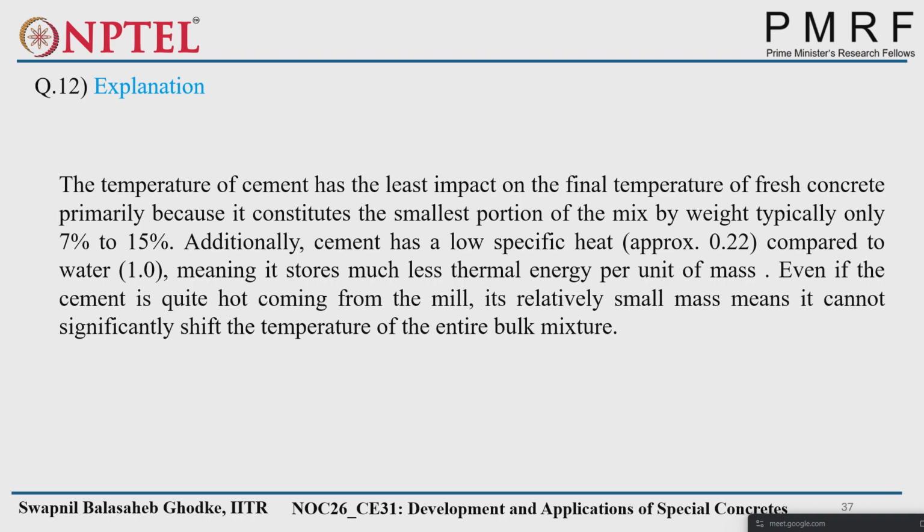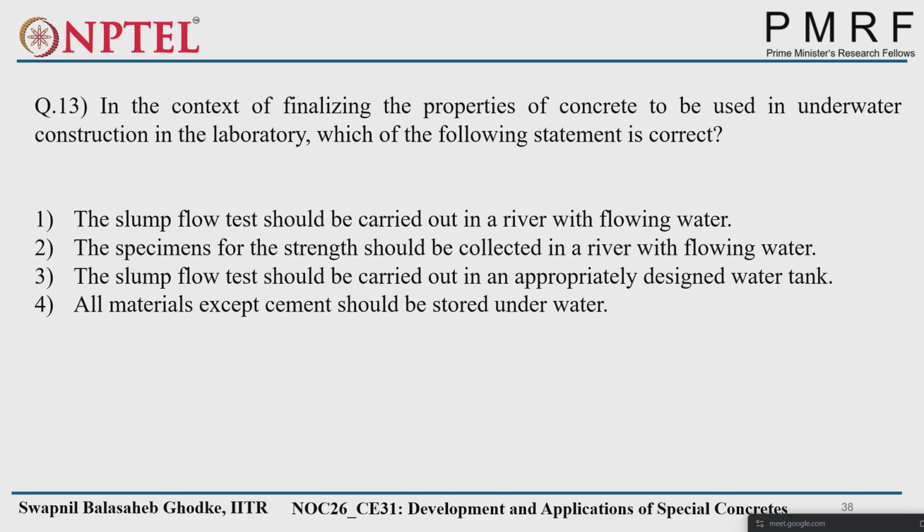That's why in hot regions also, they use a chilling plant, because water has the greater impact. They cool the water and achieve the same concrete slump in hot weather conditions. So cement will have the least impact on the final temperature of fresh concrete. Understood?